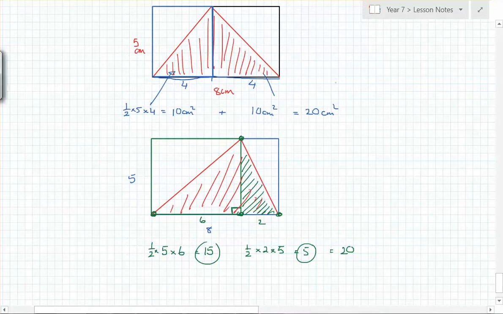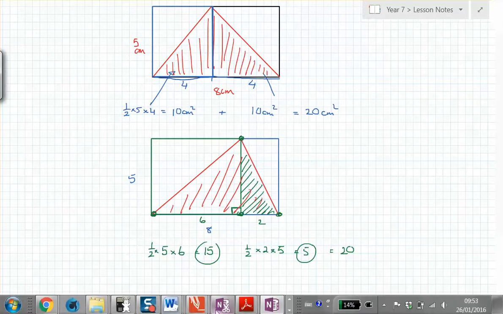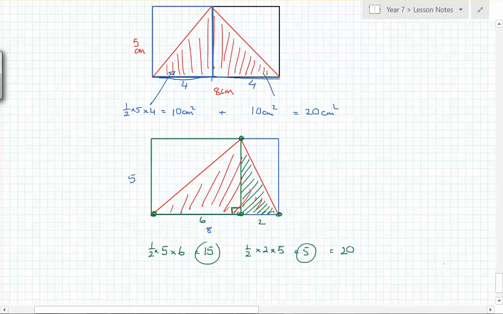Make sense? Okay. I'll let you write those down. Okay, so moving on then. So basically, what's important is knowing the height of the rectangle that the triangle fits in. Okay?